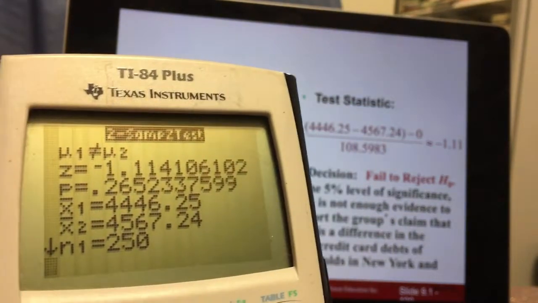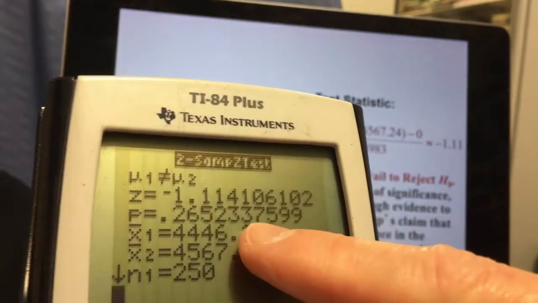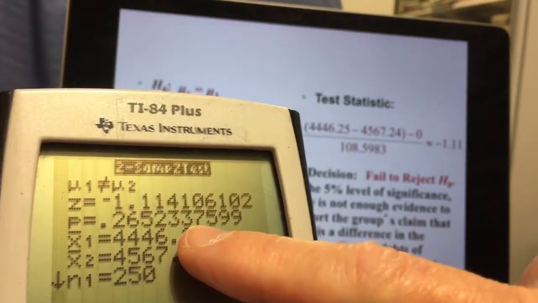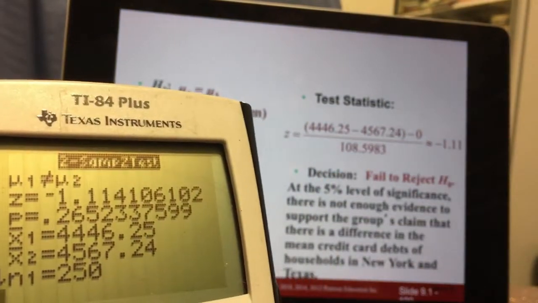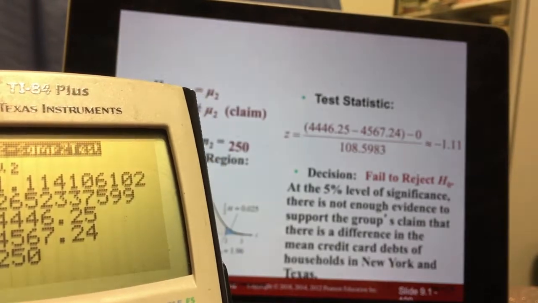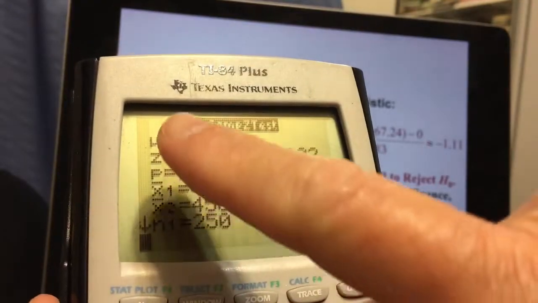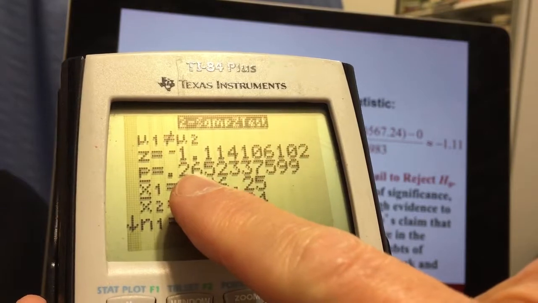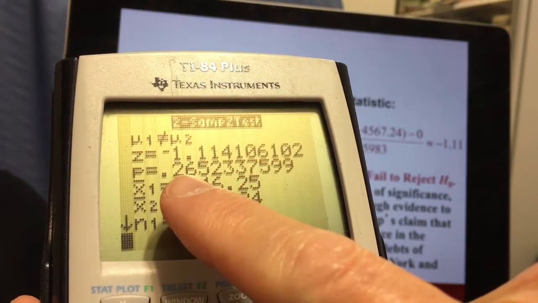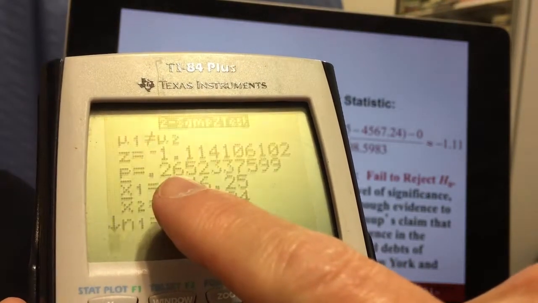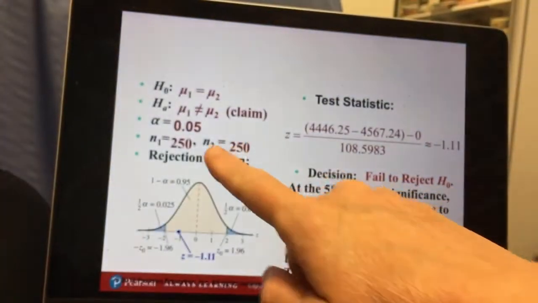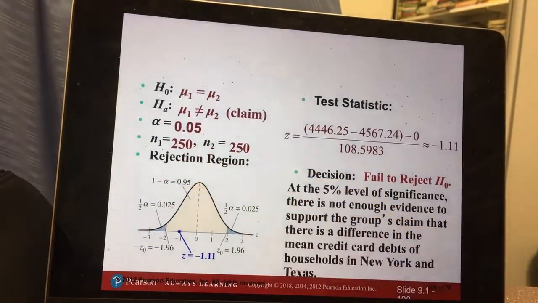The p-value here is right under the z-score, 0.265, and this one is going to be compared with the 0.05. That's 27%, or 0.265, to the right of the z-score, and over here we've got 0.05, which is going to make it definitely not in the rejection region.